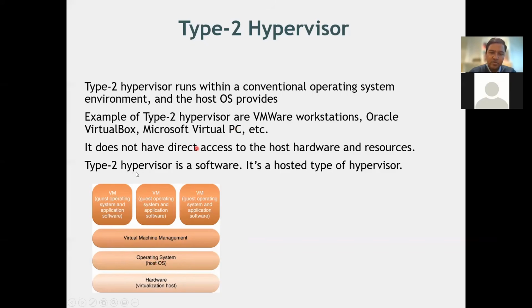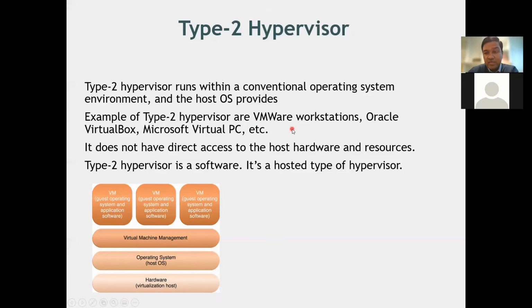We won't be able to install any other OS. So it is different because it has so many layers, and there is already an OS there. It says that type 2 hypervisor runs within the conventional OS environment and the host OS provides.